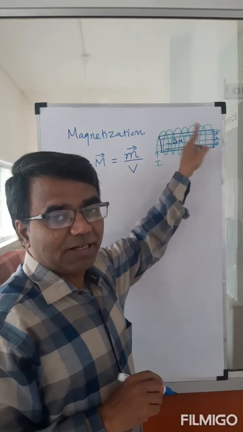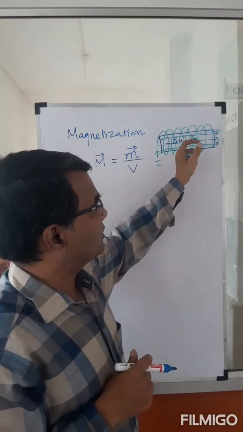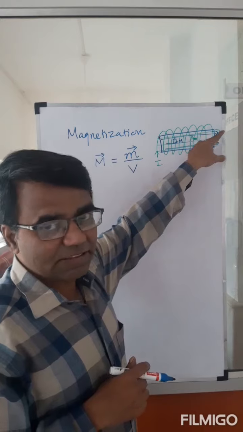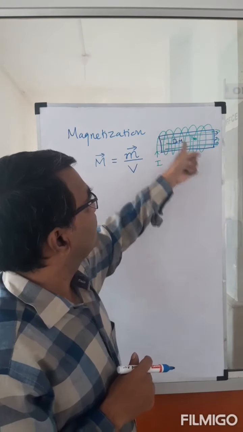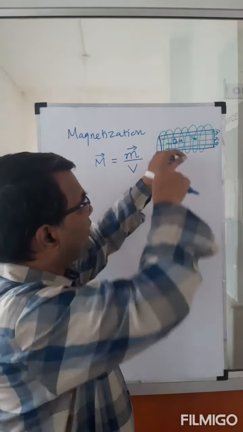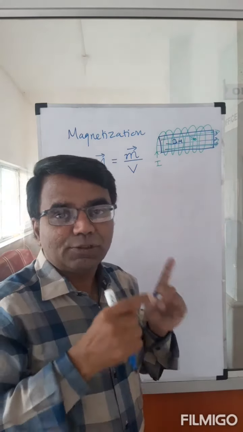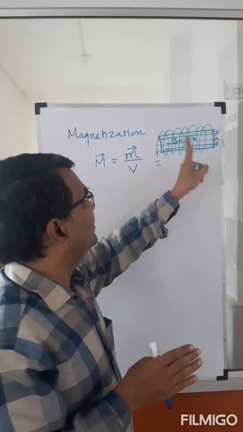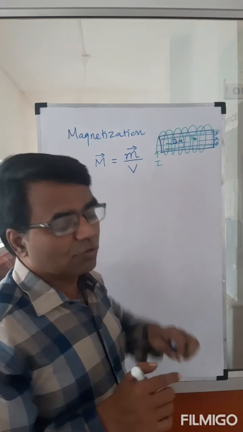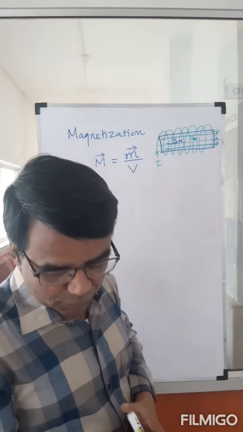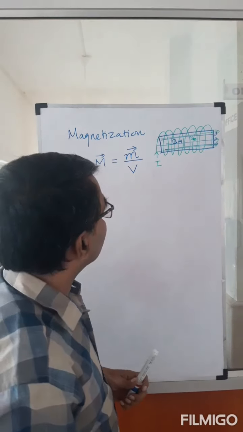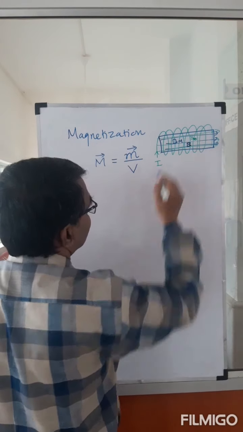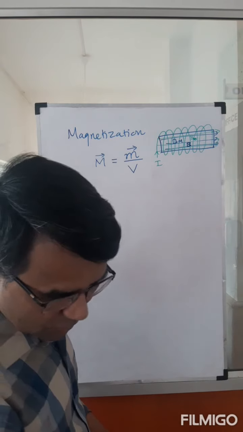The blue lines are the magnetic field lines produced by this material, and the green lines are the magnetic field lines produced by the coil. So at every point there, you will have a net field which is the sum of the fields produced by the material and also the coil. So the field inside, call this B, or I'll probably use a different color.